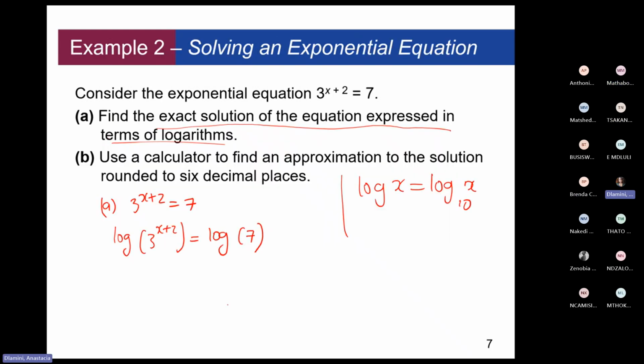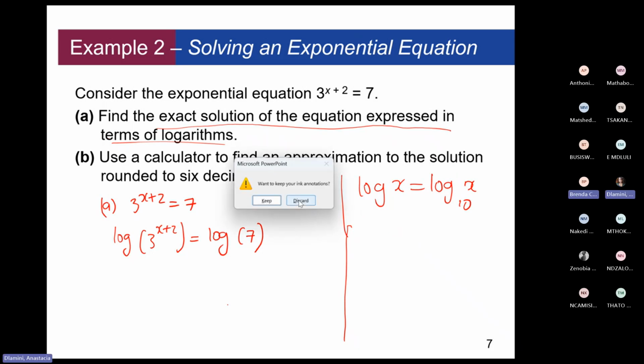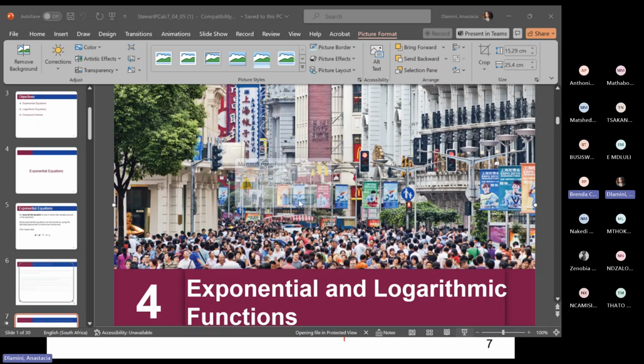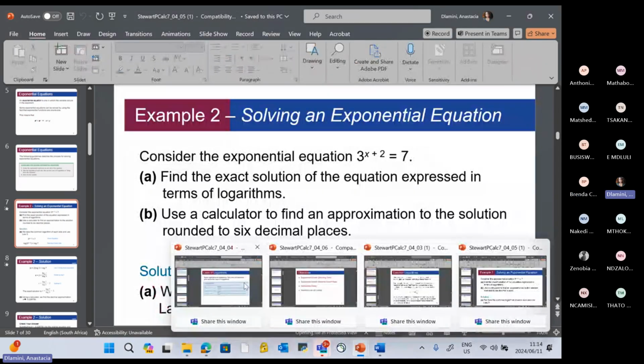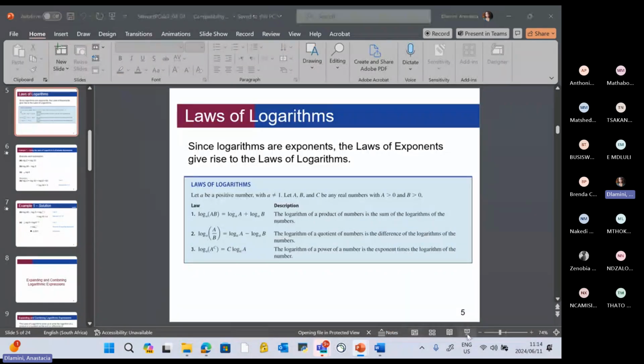Let me check if I have them, because if we write them out, it will take us time. Here, these are the logarithmic laws. Do you remember these ones?